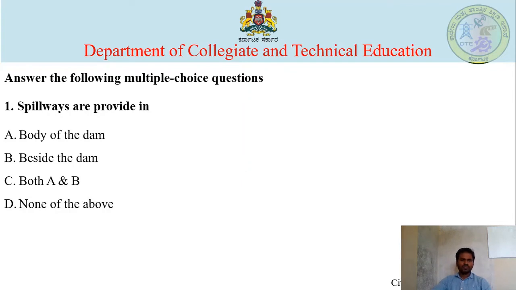Next, we'll go to the multiple choice questions. The first one: spillways are provided in option A, body of the dam; option B, beside the dam; option C, both A and B; option D, none of the above. We'll see the answer. Answer is C, meaning spillways are provided both in the body of the dam as well as beside the dam.